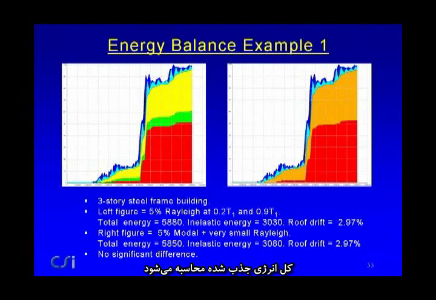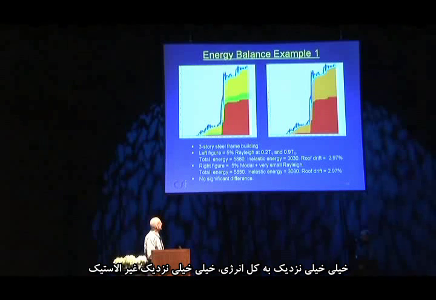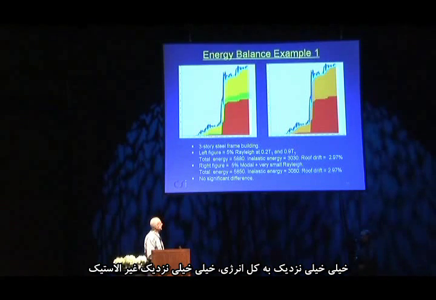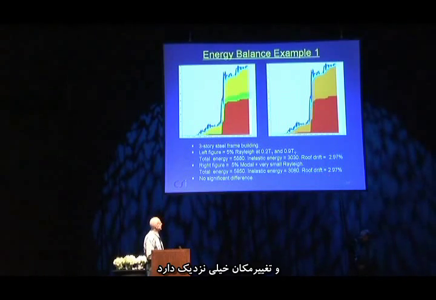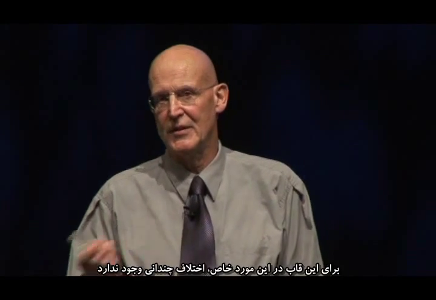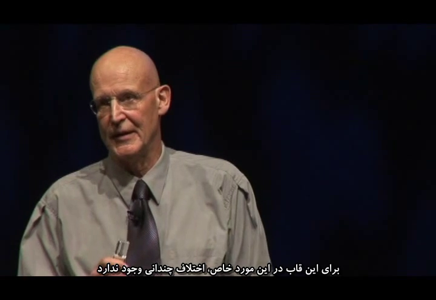Inelastic is 30.30 and the roof drift is 2.97% from a dynamic analysis. When we do the same thing with 5% modal, very, very close to total energy, very, very close. Inelastic energy, very, very close. Displacements, no significant difference for this frame for this particular case. It looks like both methods work particularly well.